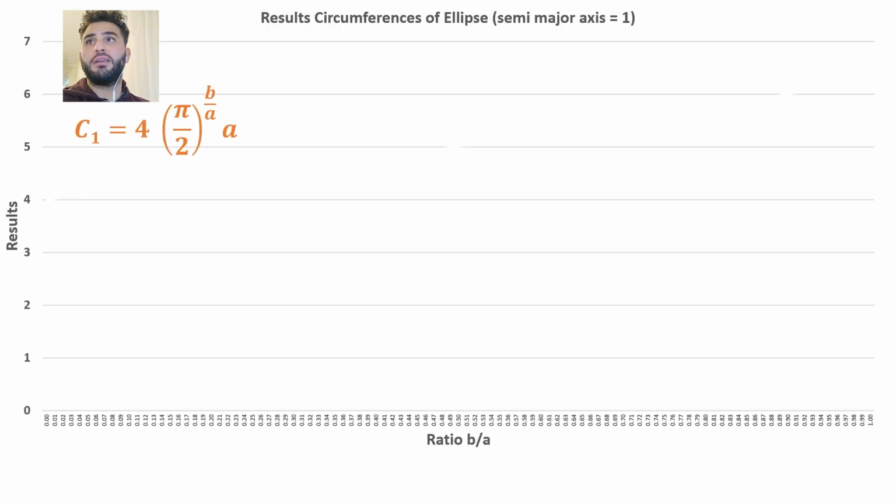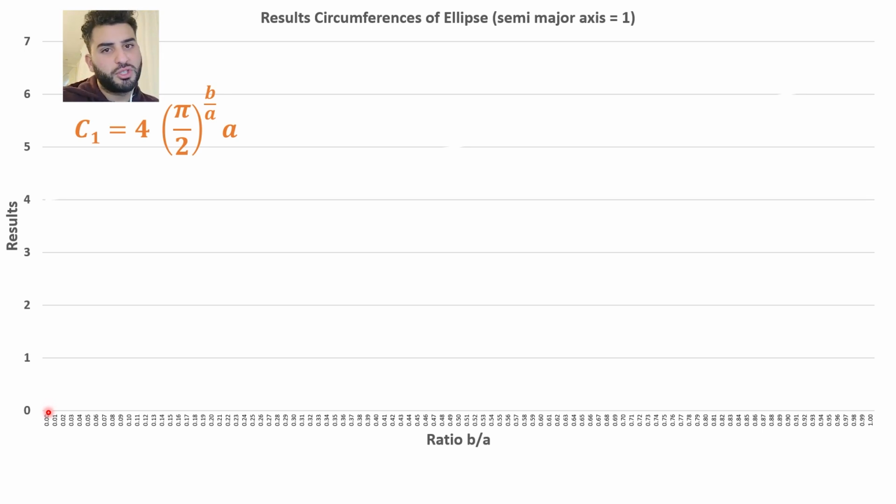Basically, I took my formula to calculate the circumference of an ellipse, and I took an ellipse with a semi-major axis 1, and I varied the semi-minor axis such that the ratio between the semi-minor axis and the semi-major axis starts from 0. So 0 in this case is what I call a flat ellipse, with the semi-minor axis equal to 0.